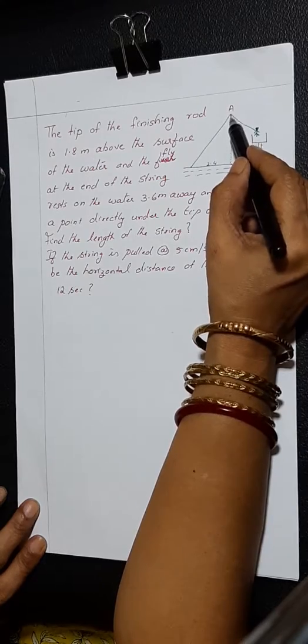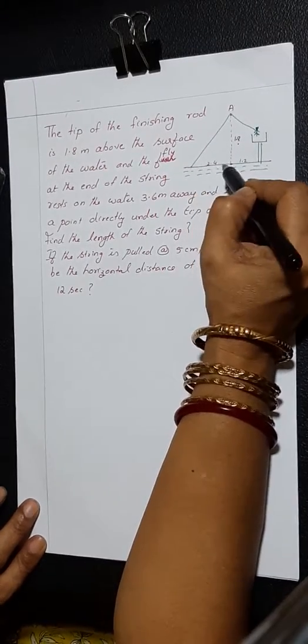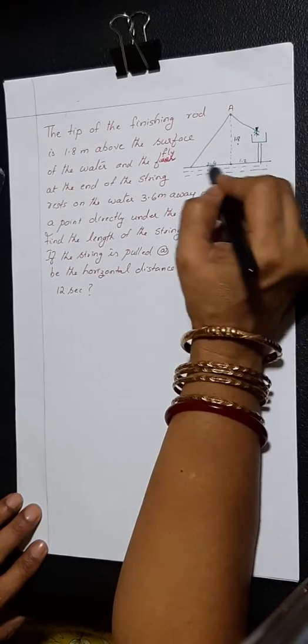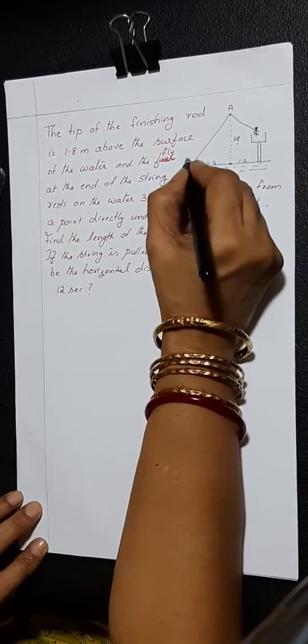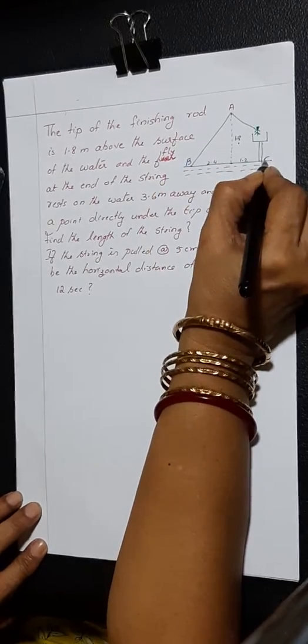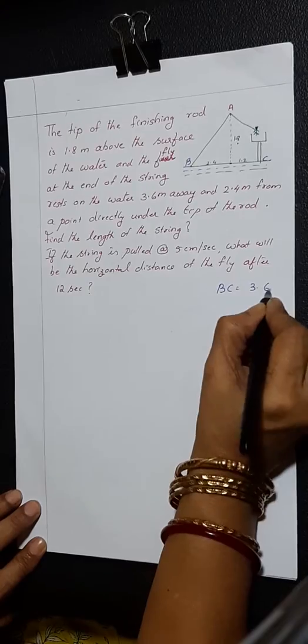Directly under the tip of the rod means this point. From this point the fly is 2.4 meters away, and the total distance is 3.6. Suppose we write this as B and C. So BC is 3.6.